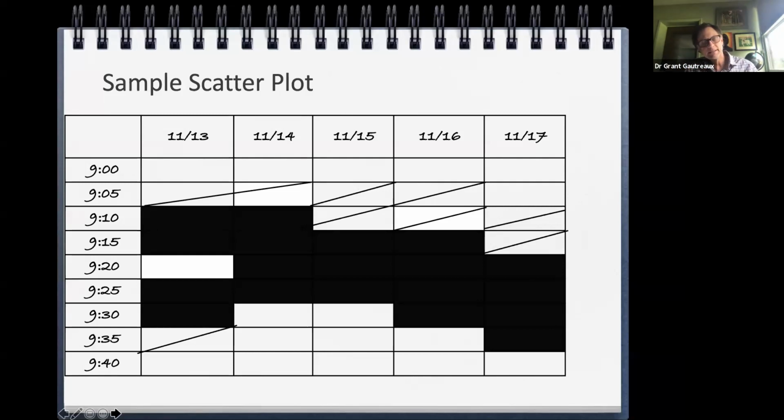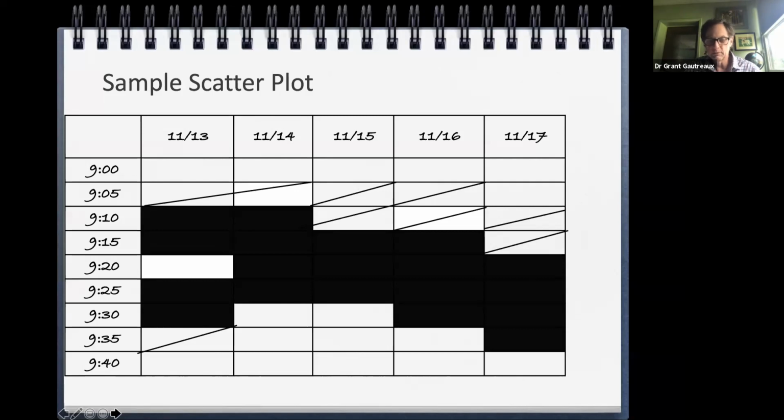So by looking at this, maybe what I've decided to use as a coding would be, if the behavior occurs maybe 3 times or less, I would put a slash. If the behavior occurs more than 3 times, I would darken the entire interval.